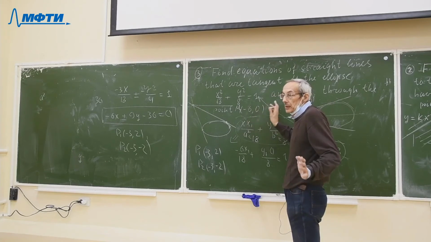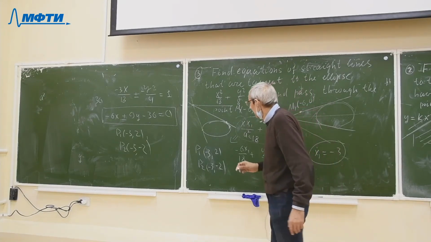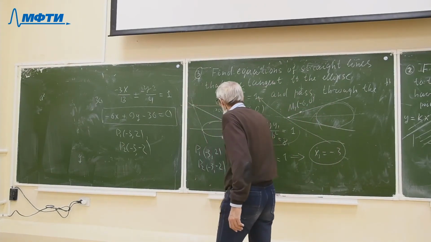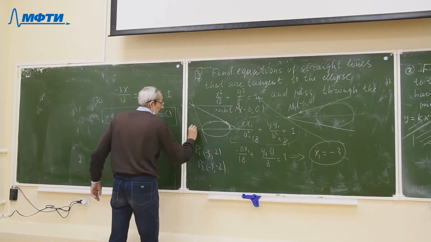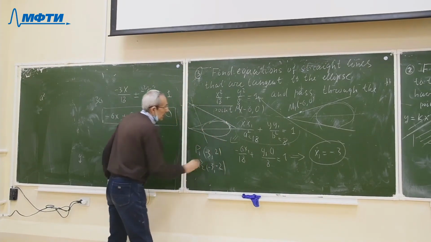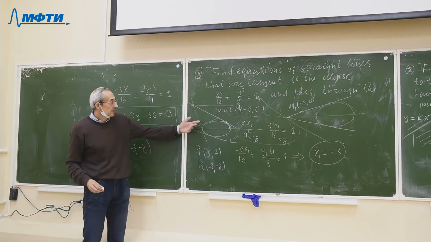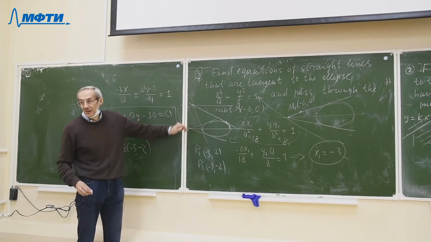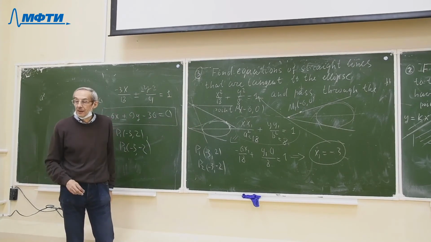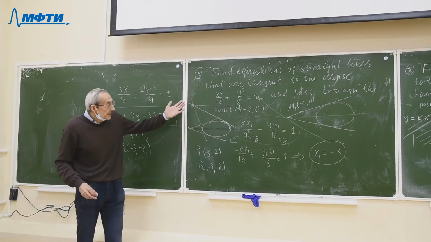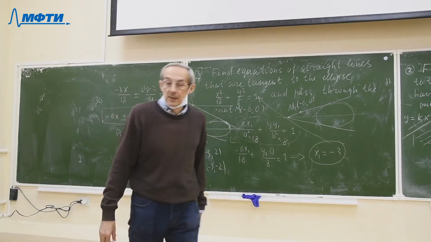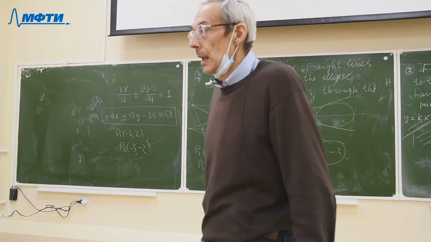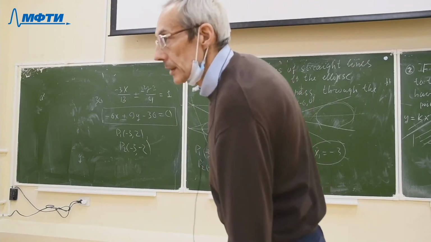It's an arbitrary coordinate, but in this case the tangents have a distinguished form: they are symmetric about the axis. Only in this case; in the arbitrary case, it's not so. Do you understand? Yes.